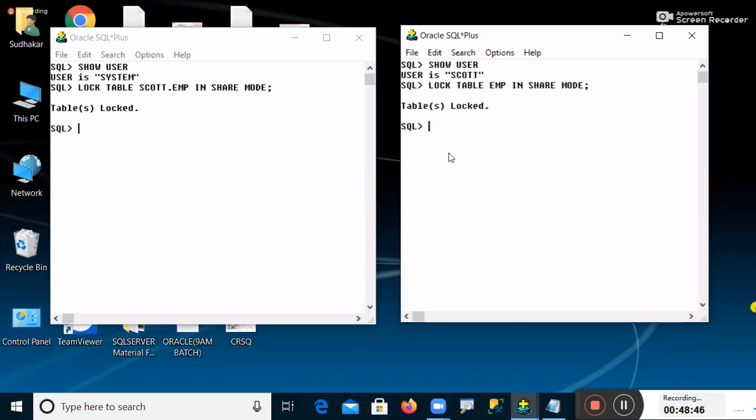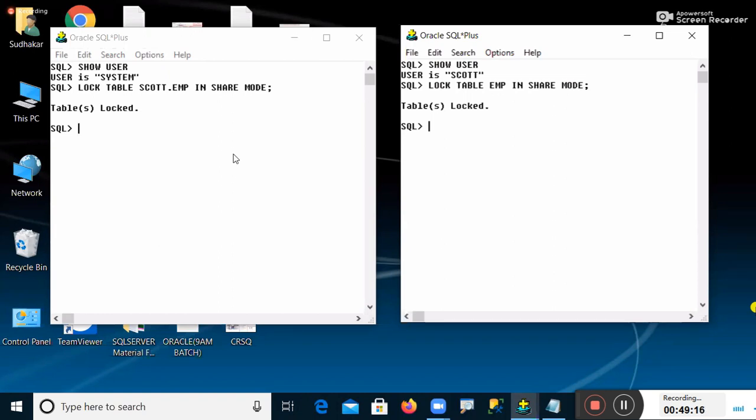The system user can lock the table, and the same table can be locked by the spot user also. Then the system user cannot perform DML operations, and the spot user also cannot perform DML operations, because both people are locking the table. That's why no one can perform. This is a share lock.